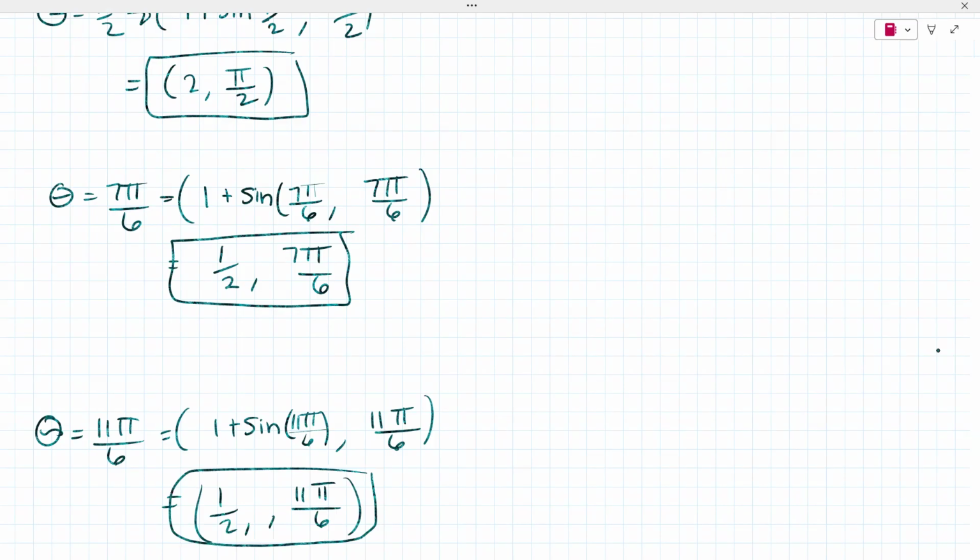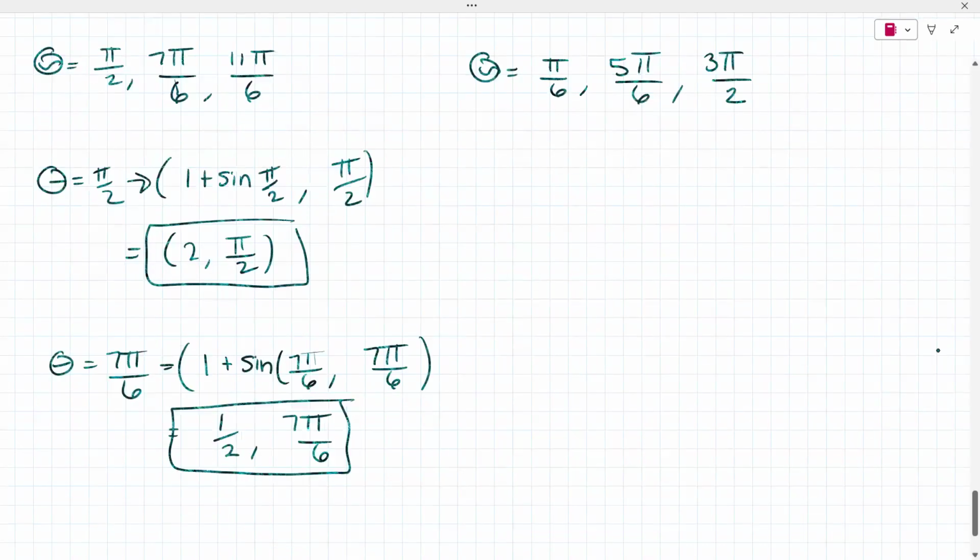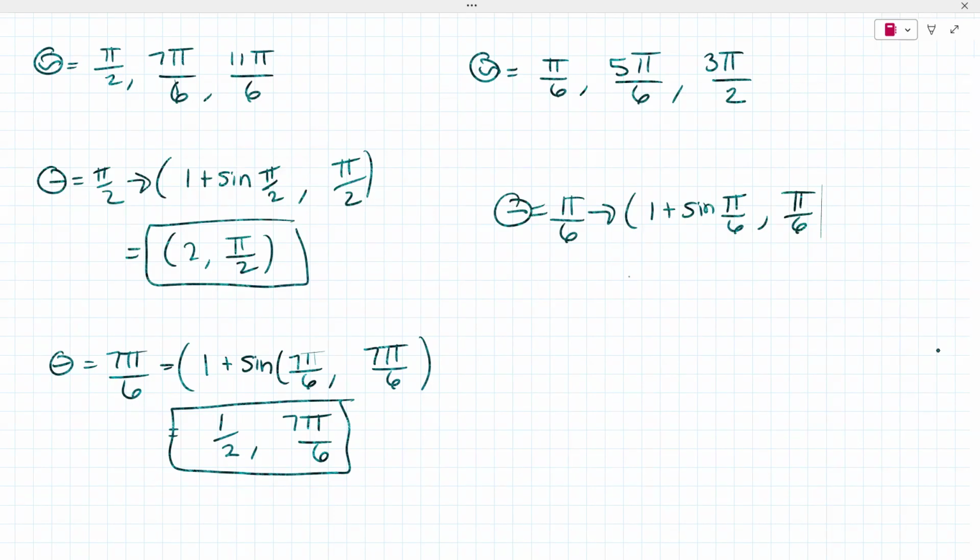And then if you do the vertical tangent, when theta is pi over 6, it's going to give you 1 plus sine of pi over 6, comma pi over 6. So your x coordinate, when you simplify this, is going to give you 3 halves, and your y is still pi over 6.